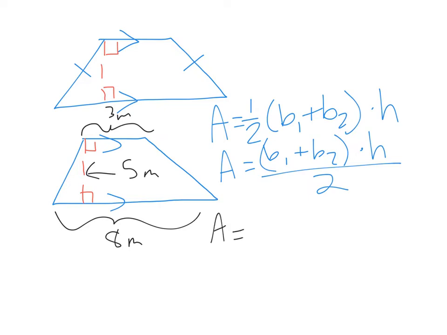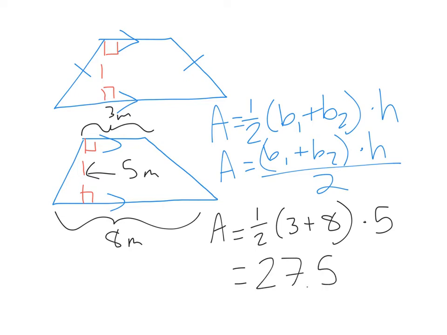Area equals, let's go with the first one, 1/2 times base 1 plus base 2 times my height. Okay. Well, if my base 1 and base 2 add up to 11, half of that is, what, 5.5? If we multiply 5.5 by 5, we're going to get 27.5 meters squared. Woo! Good stuff right there.